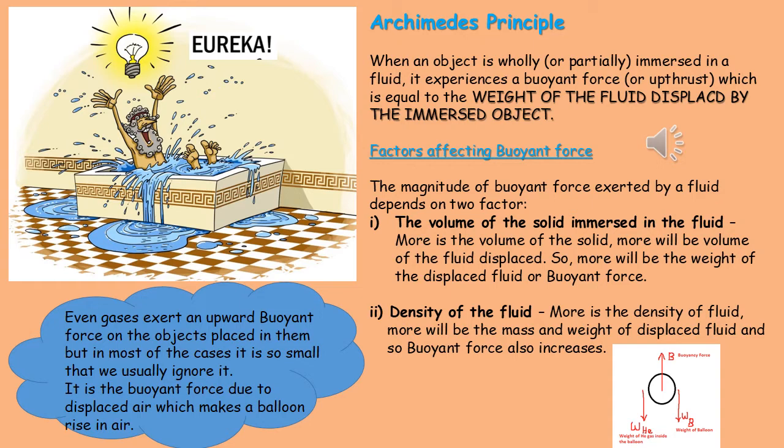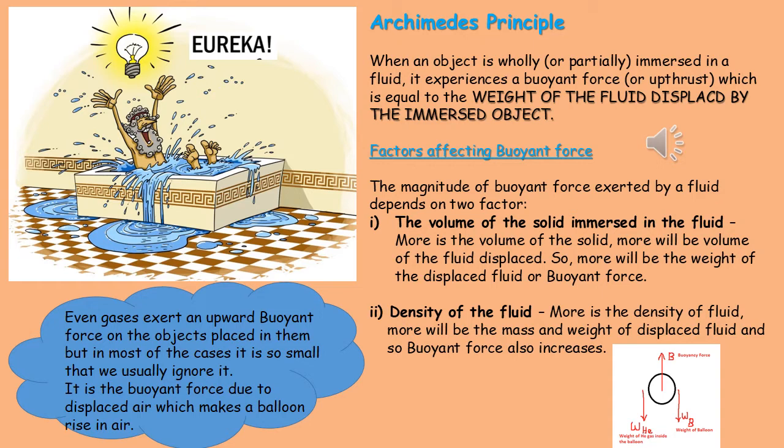Now, what are the factors affecting buoyant force? The magnitude of buoyant force exerted by a fluid depends on two factors. One is the volume of the solid immersed in the fluid. More is the volume of the solid, more will be the volume of the fluid displaced. So, more will be the weight of the displaced fluid or buoyant force.